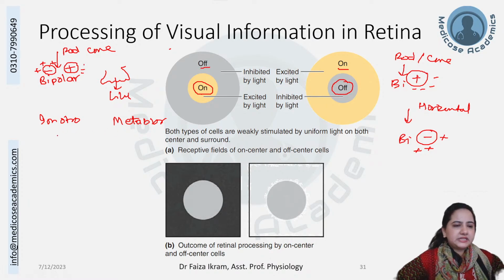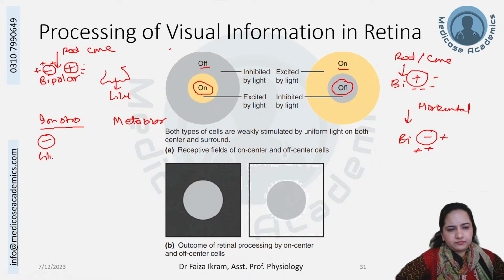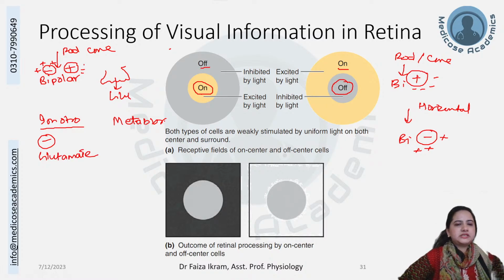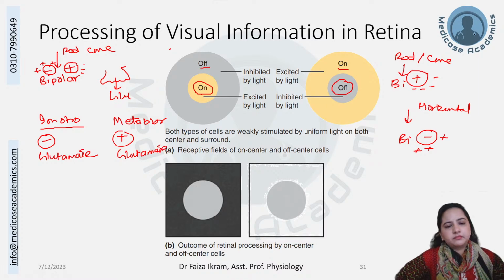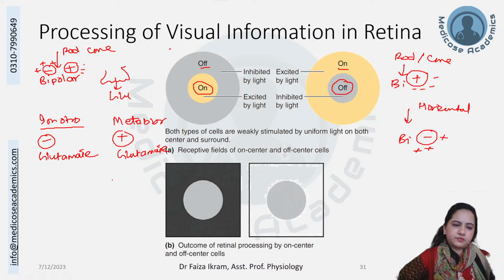The bipolar cells having ionotropic receptors are inhibited by glutamate, whereas the bipolar cells having metabotropic receptors are stimulated by glutamate. Different type of receptors, same neurotransmitter, different response will occur.